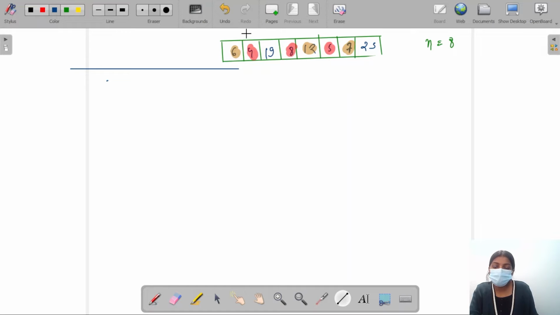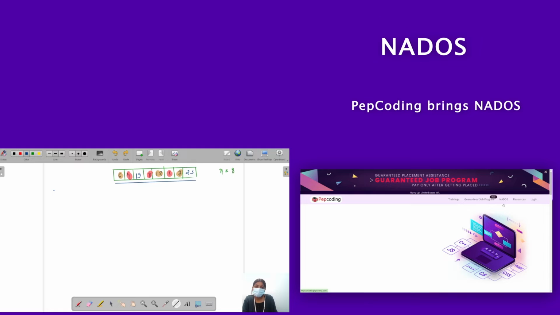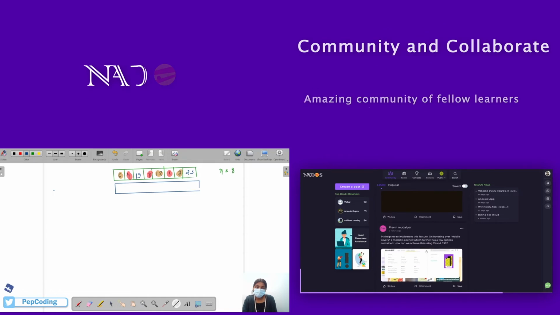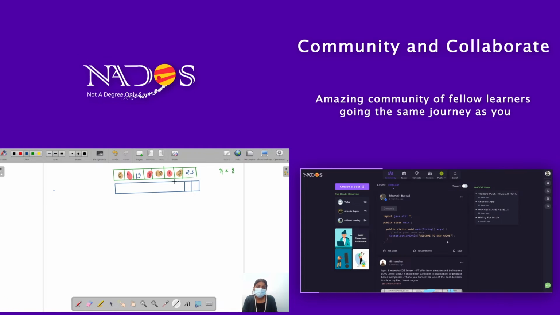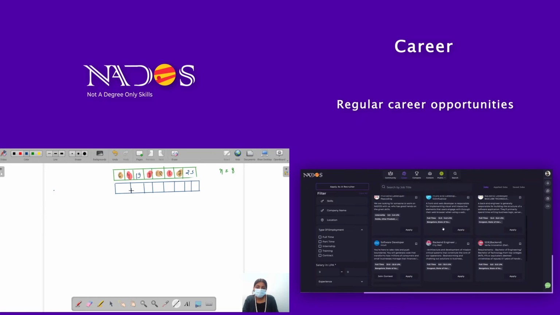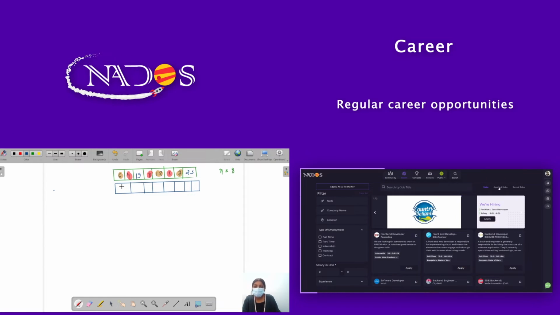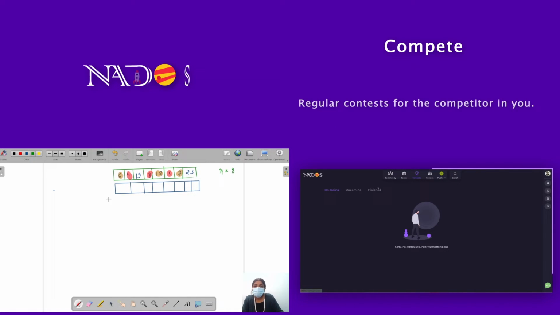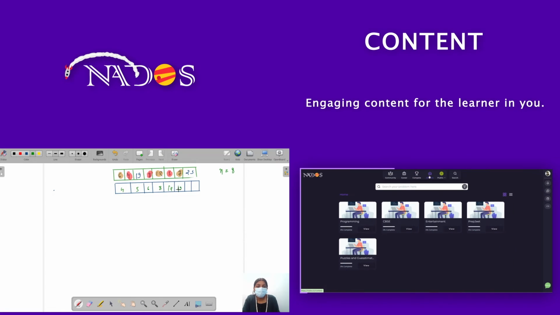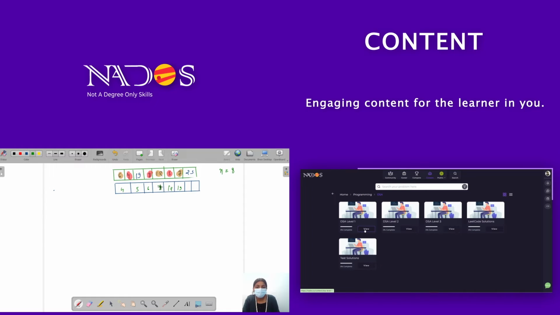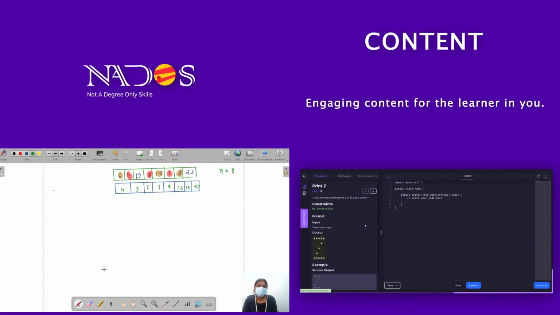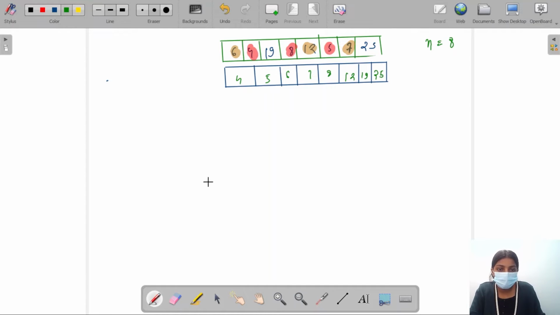If I sort my array, it will have the elements 4, 5, 6, 7, 8, 12, 19, 25. Sorry, one element was missing, 7 will be here. Okay, this is my sorted array, right?